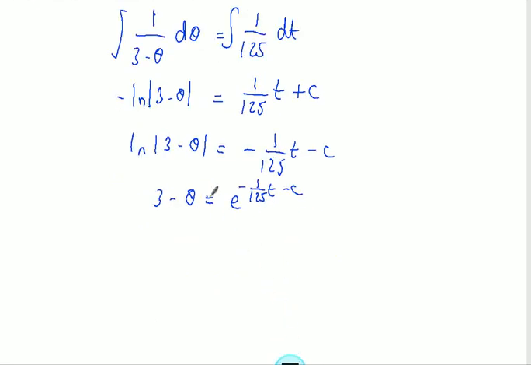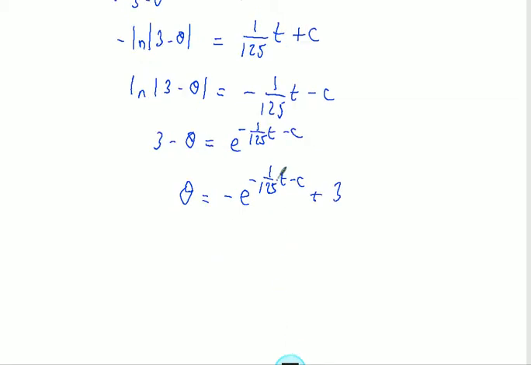Okay, so I'm sort of going to make theta the subject here. So it's going to be negative. Okay, it is not far off what we want.